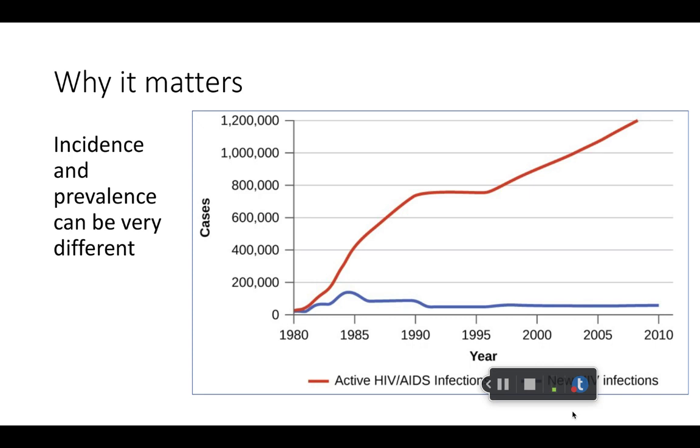It would be incidence if it was adjusted for population size. You can see that while new infections decreased and then remained stable after the early 1990s, the prevalence remains high and continues to grow because people are living longer with active HIV/AIDS. So again, incidence and prevalence can be quite different.